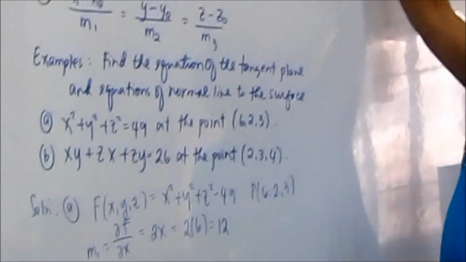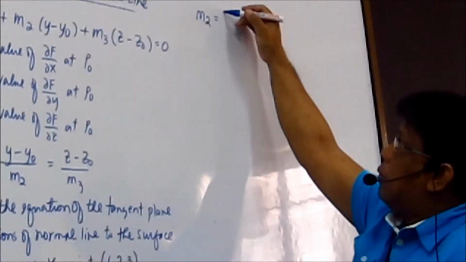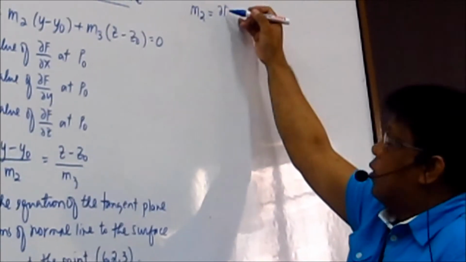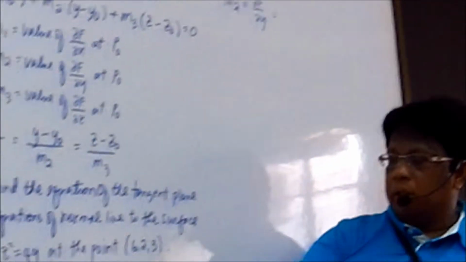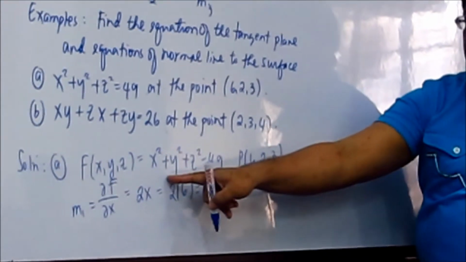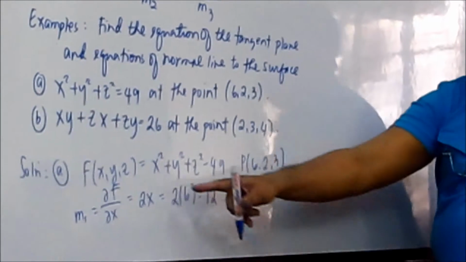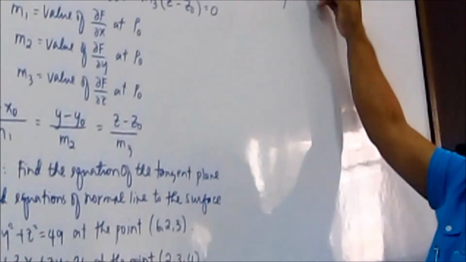What about m2? For m2, we take the partial derivative of the function f with respect to y. Go to your equation, then differentiate with respect to y, so x and z are constant. For x squared, this is 0, and for y squared, this is 2y.